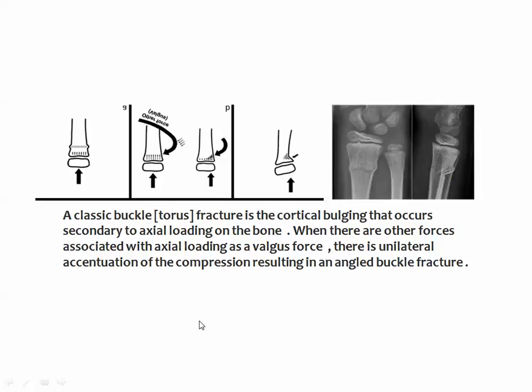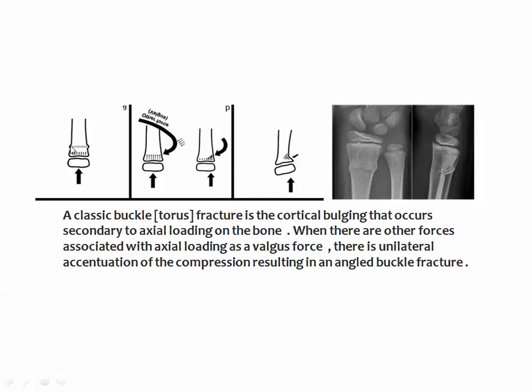Then the torus fracture is known as buckle fracture, and this is a fracture which results from an axial load initiating some sort of trabecular injury with cortical buckling, as you can see here.